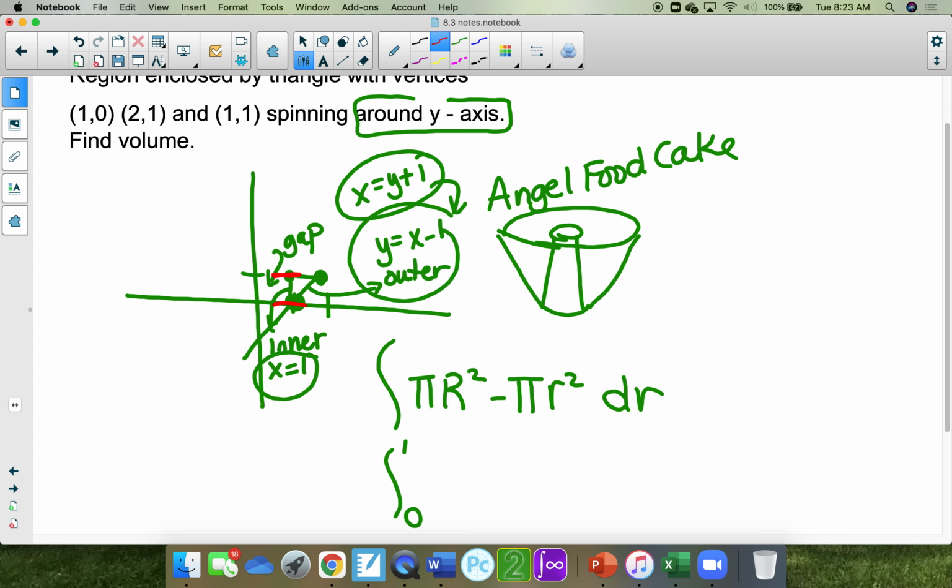Those are my limits because I'm going around the y-axis, and I can put the pi on the outside, and my outer radius is x minus 1 squared. Or no, not using x's, I'm sorry, I'm using y's. I'm using y plus 1 squared, minus the inner radius, which is 1 squared, dy.